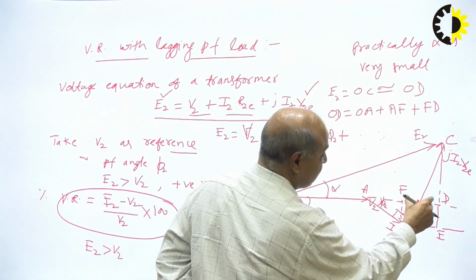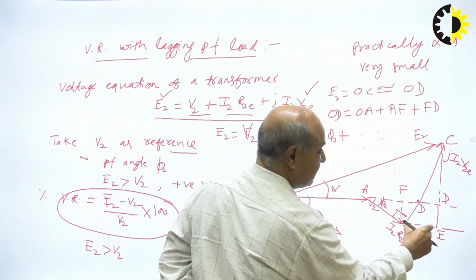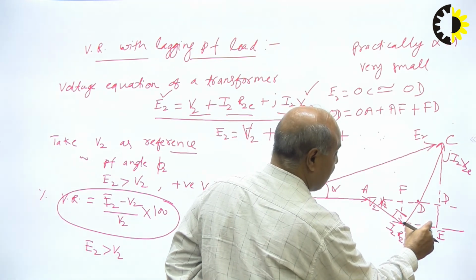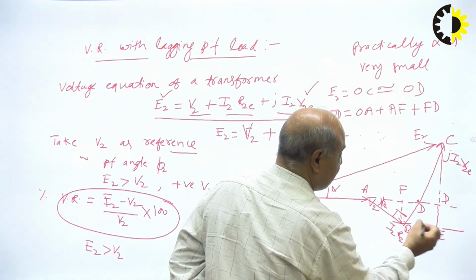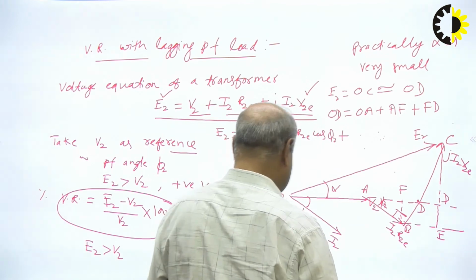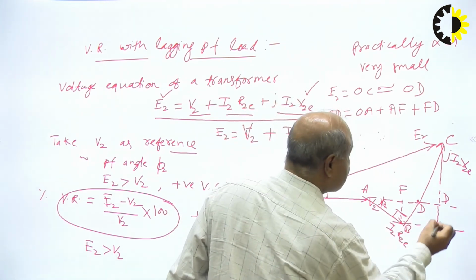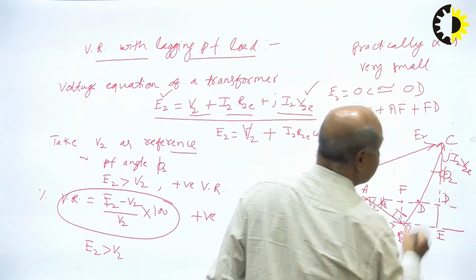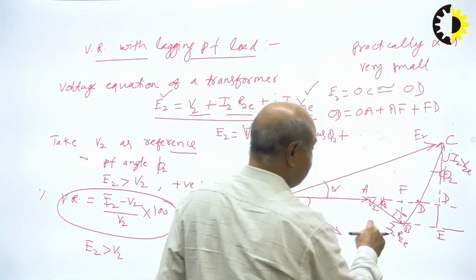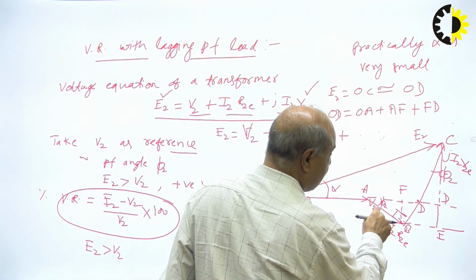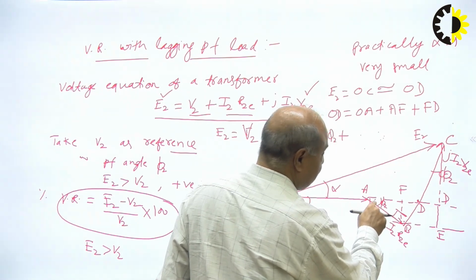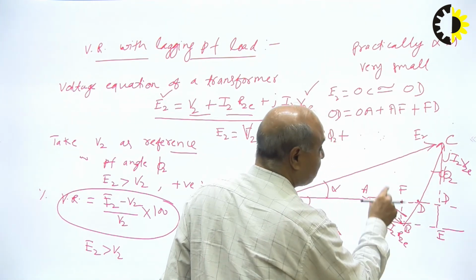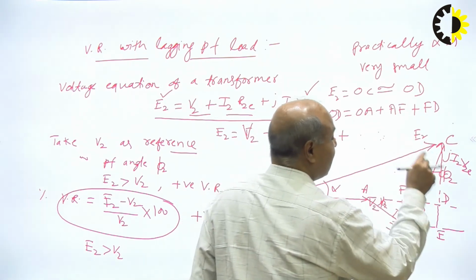From this figure, FD is equal to BE, and from this right angle triangle we can easily see that this angle is also phi 2. Because the angle between these two lines is phi 2, the angle between the lines perpendicular to these lines will also be phi 2.